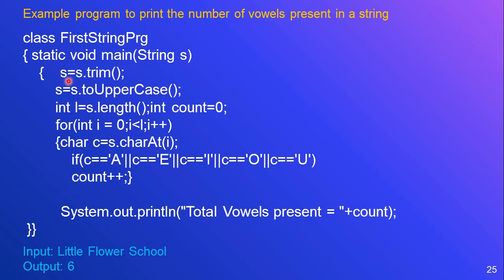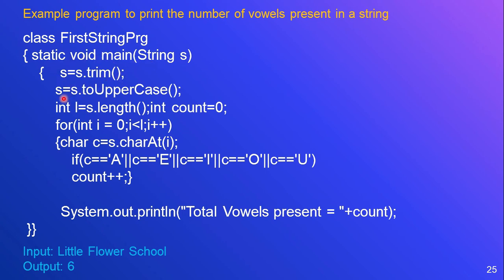The first statement I have written is s = s.trim(). It means if by mistake you have given any space at the beginning and end of the string, that extra space will be removed, and the string will be stored in the same variable itself. So in s our string is there, but after removing the extra space, if you have given any; otherwise it will be saved without any change.